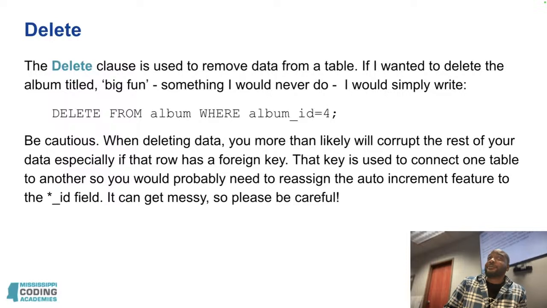And thirdly, because as I've mentioned here in these slides, we have a foreign key for this album table where band ID, artist ID, label ID, those are foreign keys. And so if that row has a foreign key like it does, it can mess up the rest of the data.